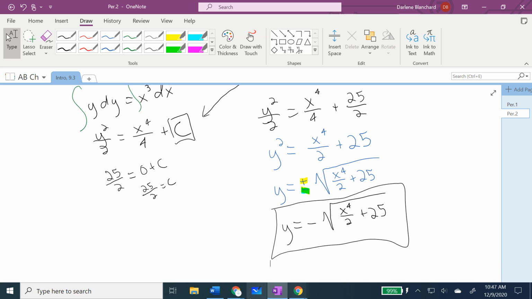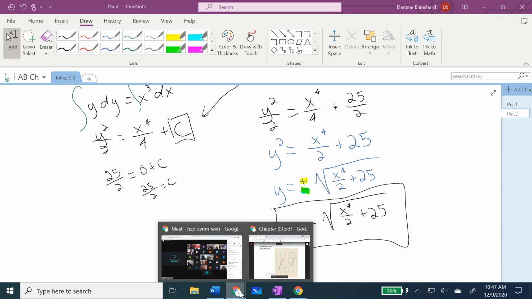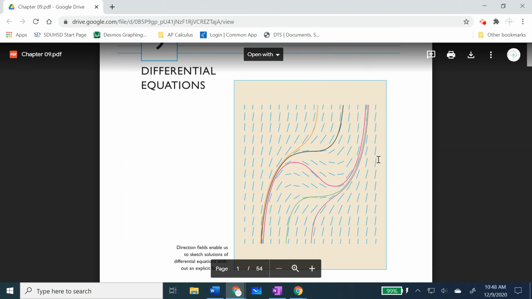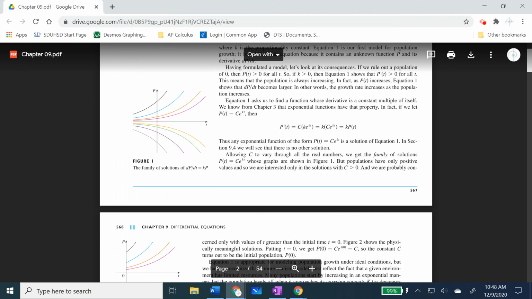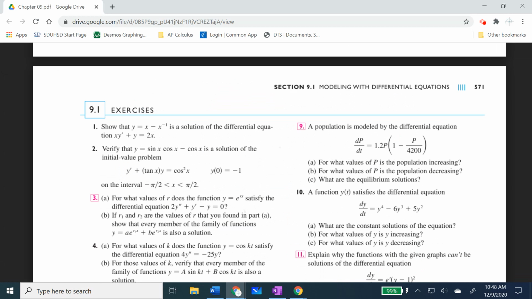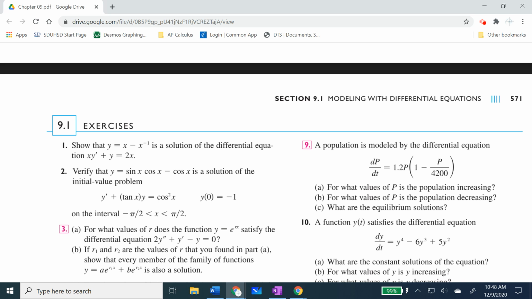Then for your homework, let me find. So since we got a couple minutes, I'll just pre-warn you. And am I remembering correctly? Yes. Okay. So I gave you number 1 and number 3A from section 9.1.